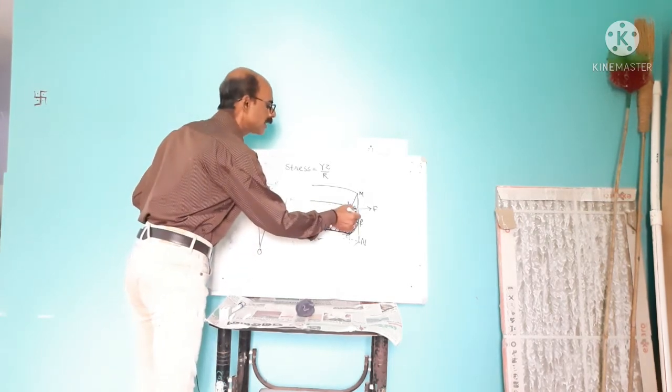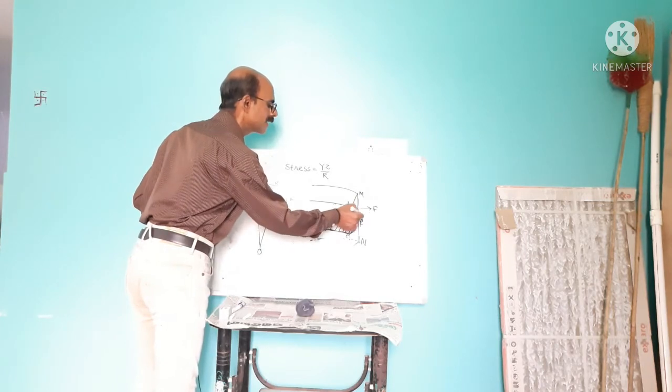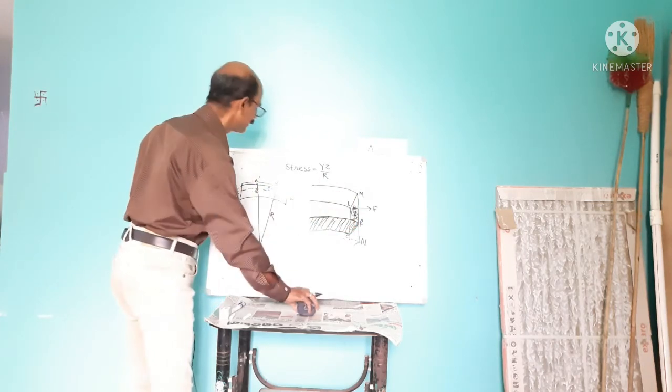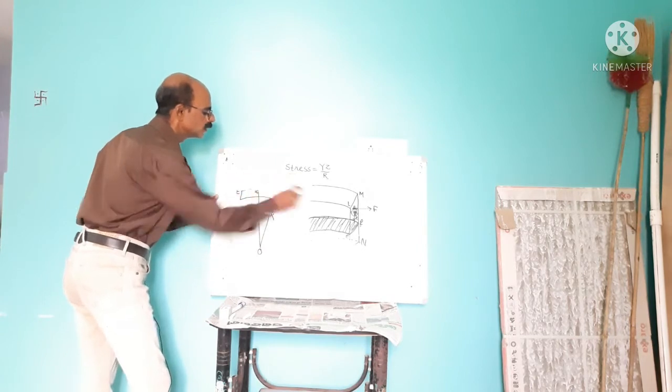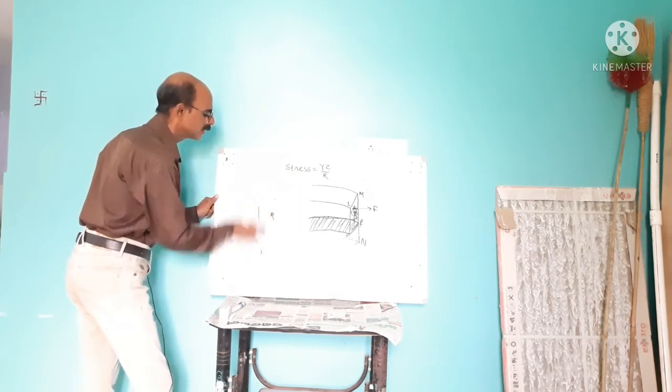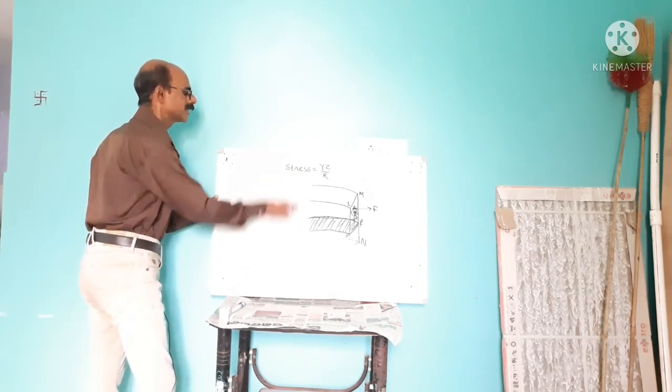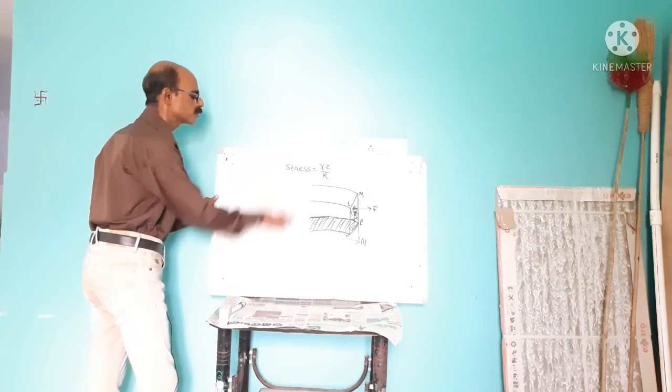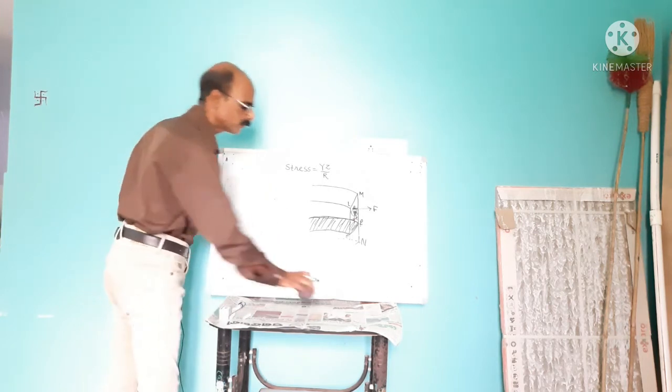Then let us find out the force acting on this small element delta A. We know that stress is equal to force per area. Then what will be the force?